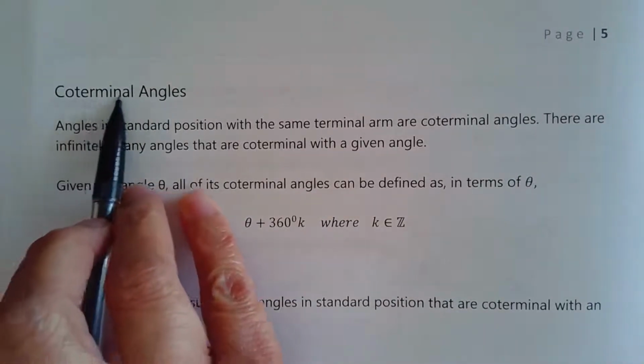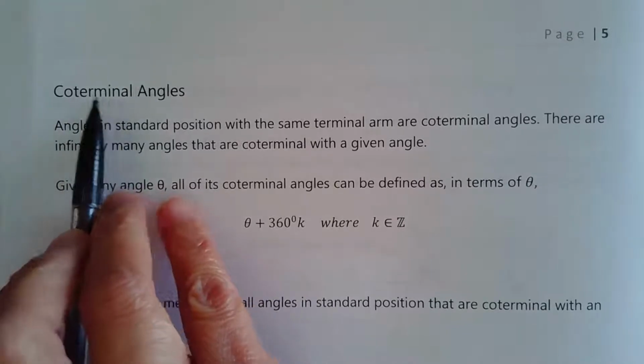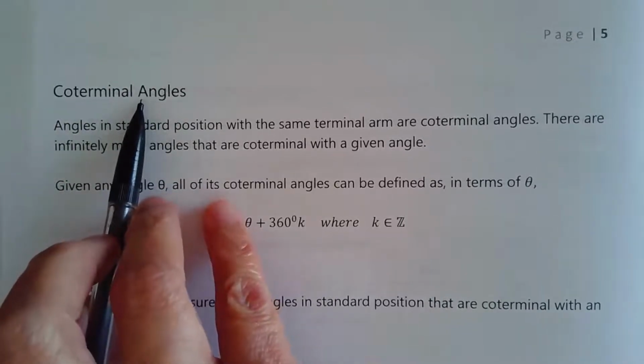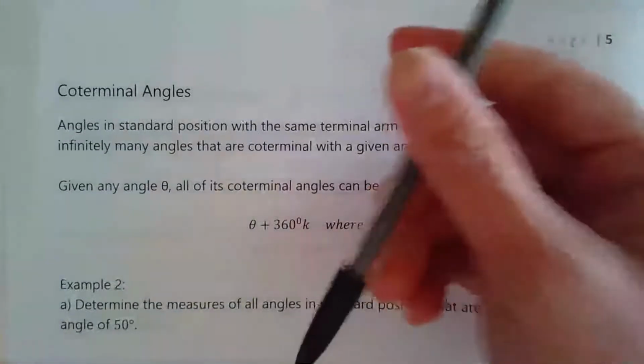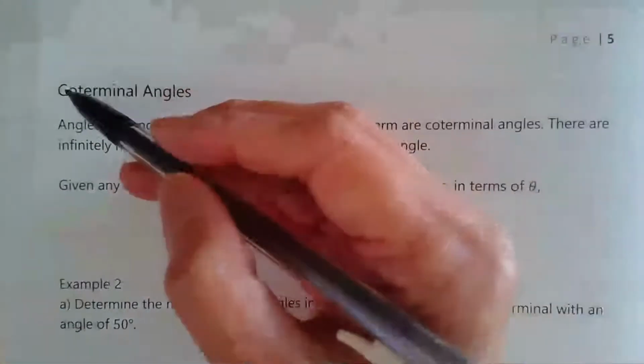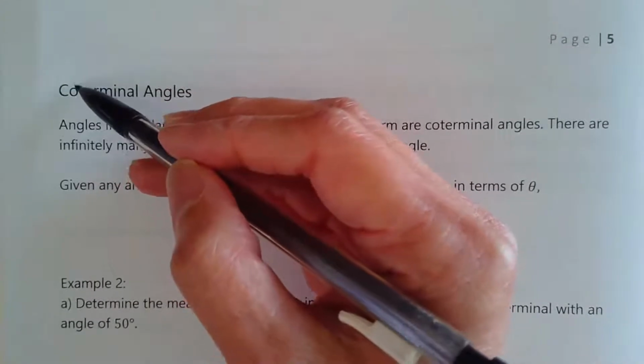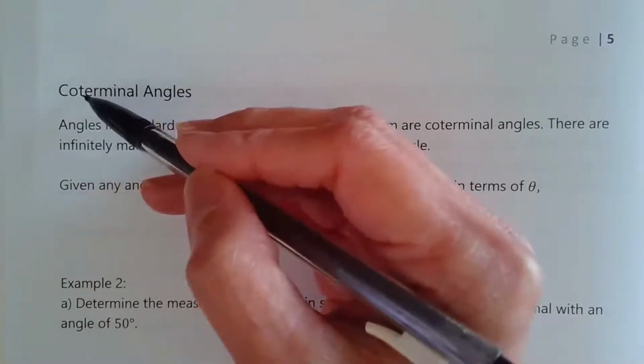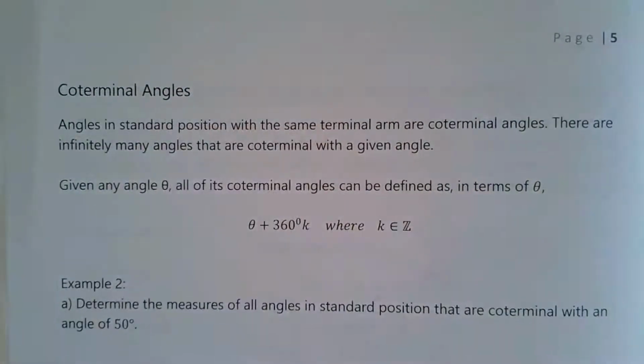The word terminal is where it stops. So terminal angles is where the arm of the angle stops. And then coterminal means there are other angles that actually stop in the same place.